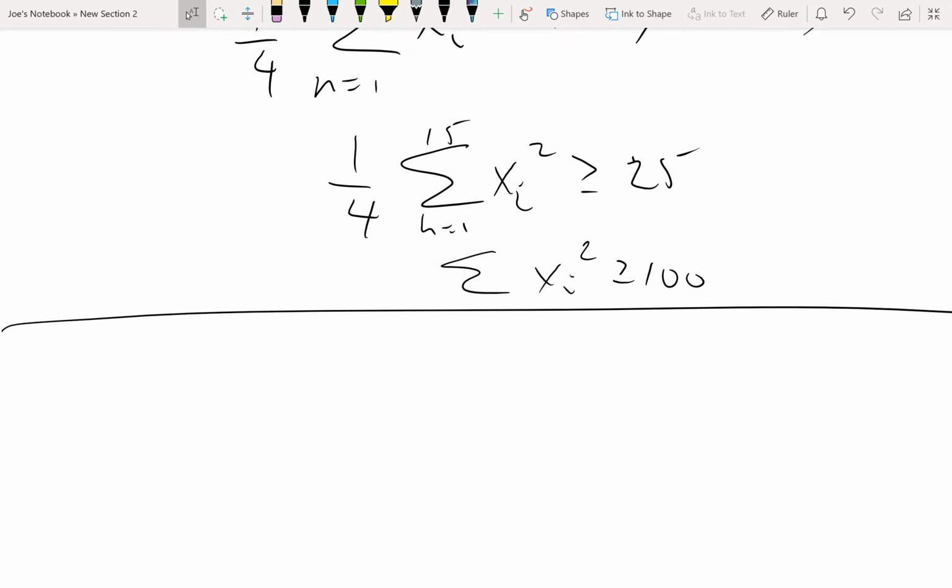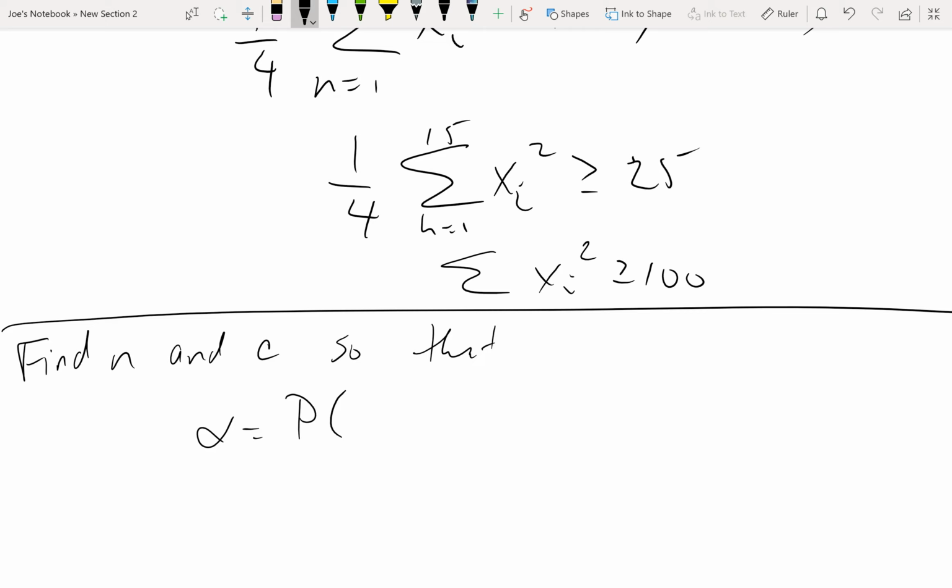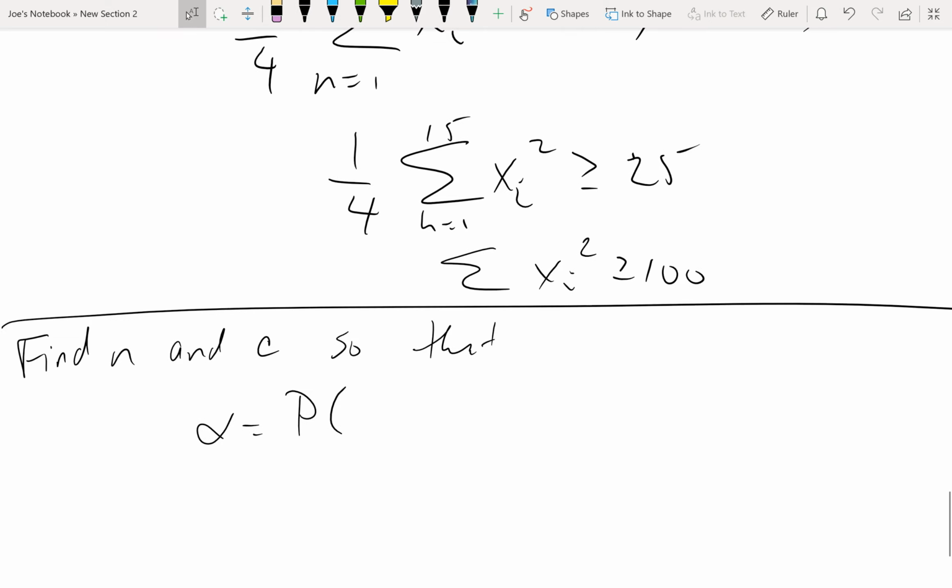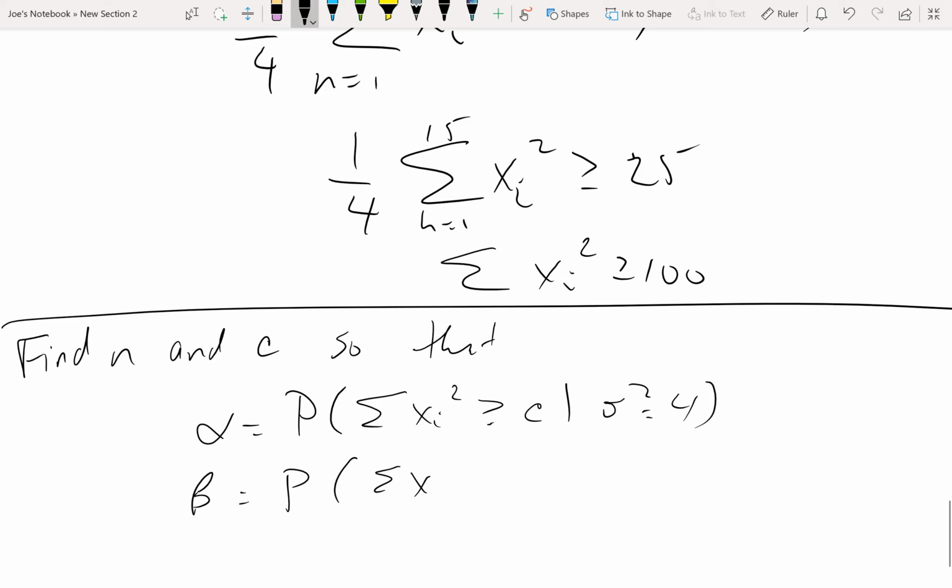Say we wanted to do that, just because. Let's say I asked you to find the n and the c so that alpha is the probability that the sum of your x of i squareds is greater than or equal to c given sigma squared is 4, and your beta is the probability that the sum of your x of i squareds is less than or equal to c given sigma squared is 16.